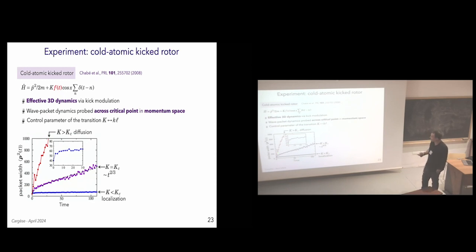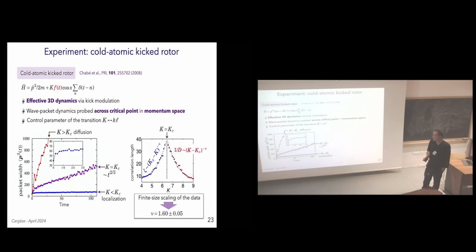In this experiment, they could also extract the diffusion coefficient and the localization length. And then by using a clever data analysis, which is called a finite size scaling analysis, they could extract from these measurements an estimation of the critical exponent of the Anderson transition. So this is actually an experimental estimation. They found 1.6, which is a pretty accurate estimation given that this is an experiment.